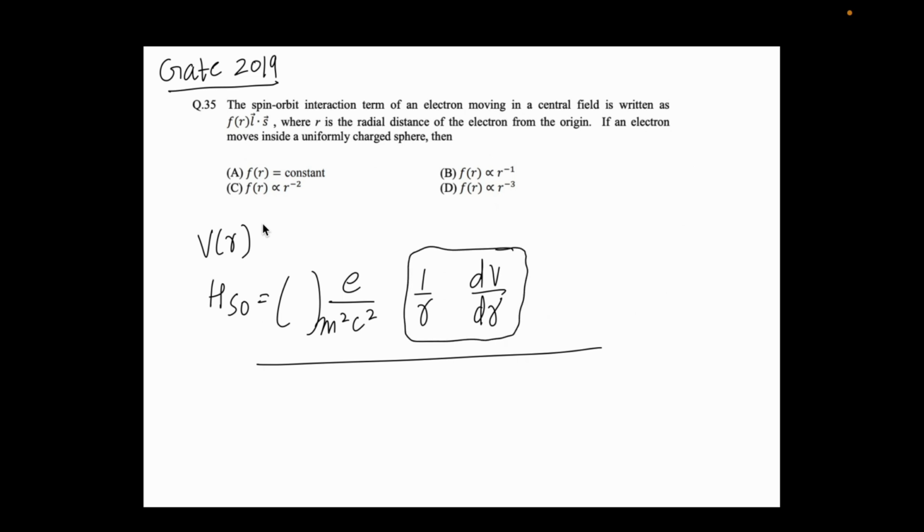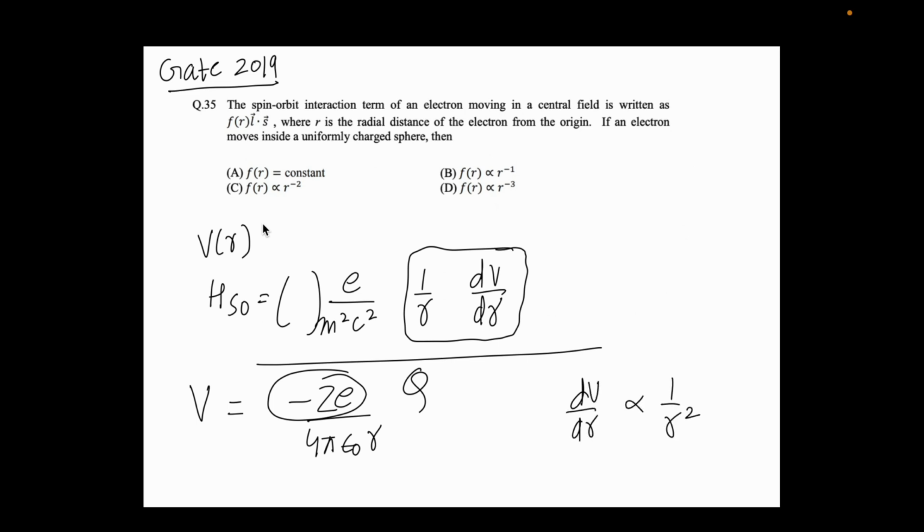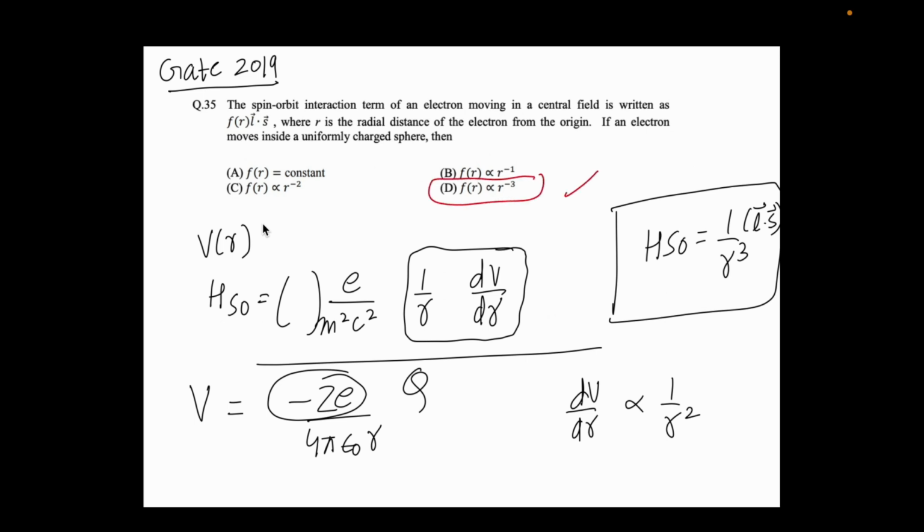Now, in case of the hydrogen atom, what is your V? It is minus Ze by 4 pi epsilon r. So in that case, your dV by dr is proportional to 1 by r square. So your H_SO term will be 1 by r cube times L dot S. So that is the option which people might select, which is wrong.